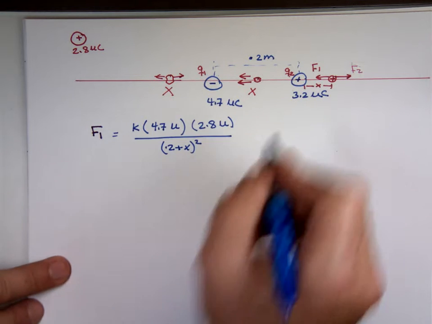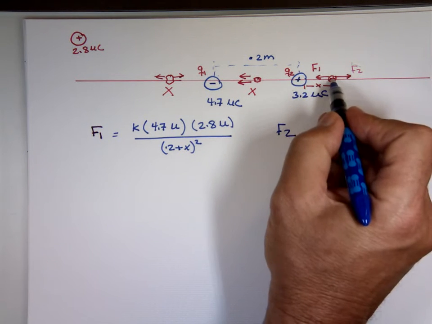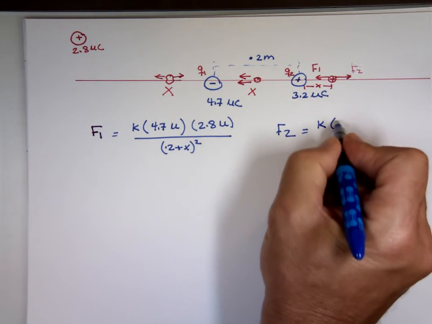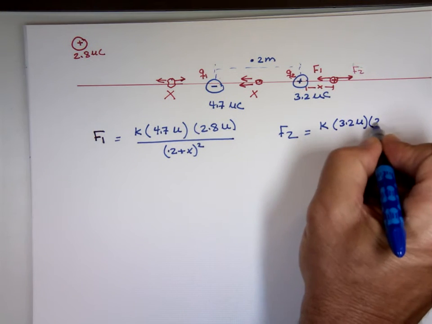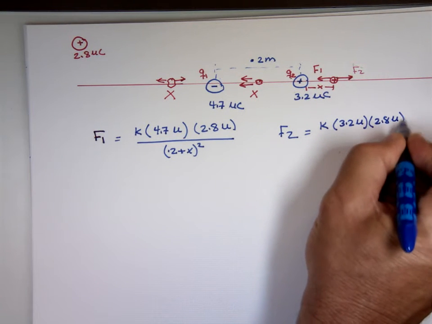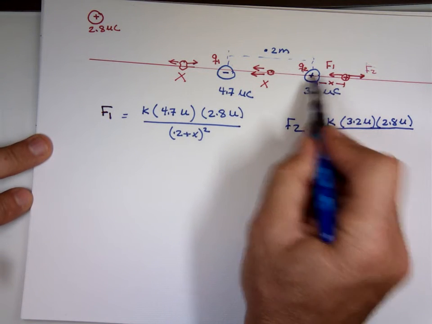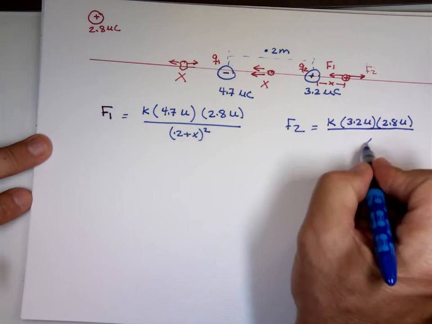And let's look at F2. F2 is this positive charge pushing on that one. So it's K times Q, which is 3.2 micro, times 2.8 micro over the distance squared. And what is the distance from here to there? x, squared.